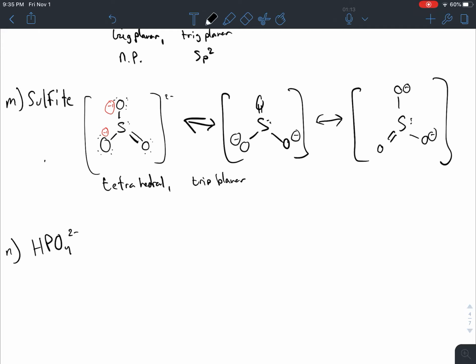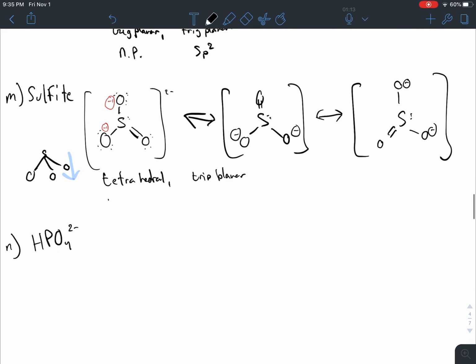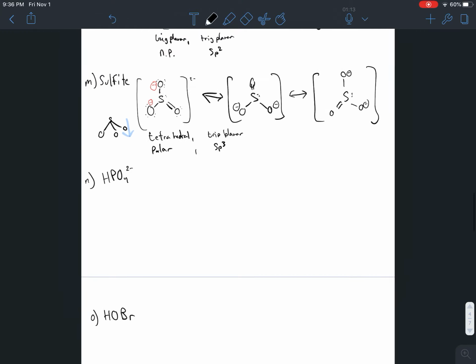Well, let's look at what it looks like here. We can see that the pole is all going down, so it is definitely polar. And the hybridization on the central atom is just sp3, because it is that.